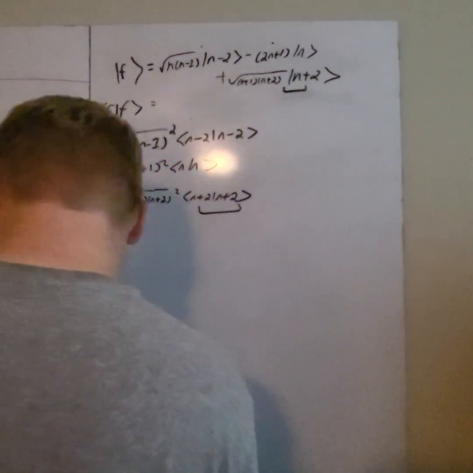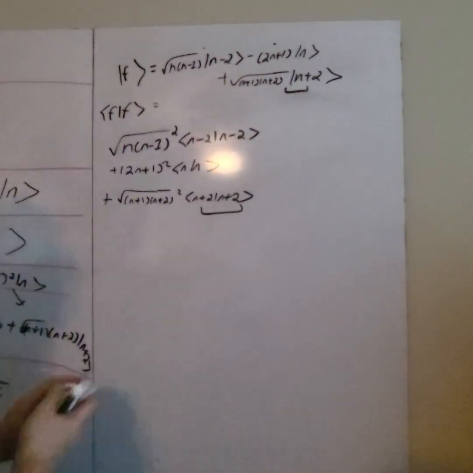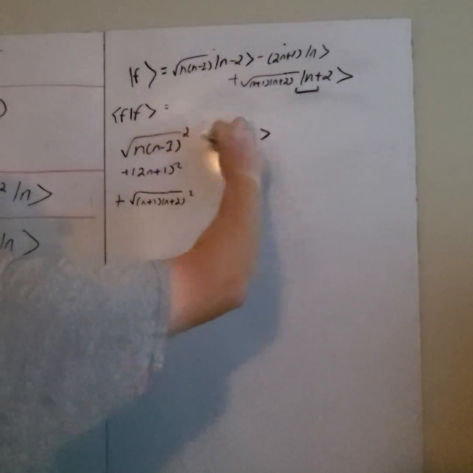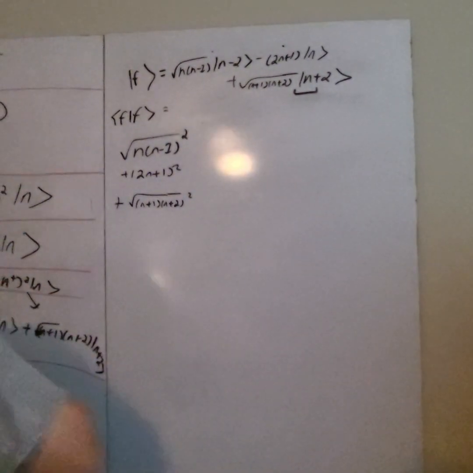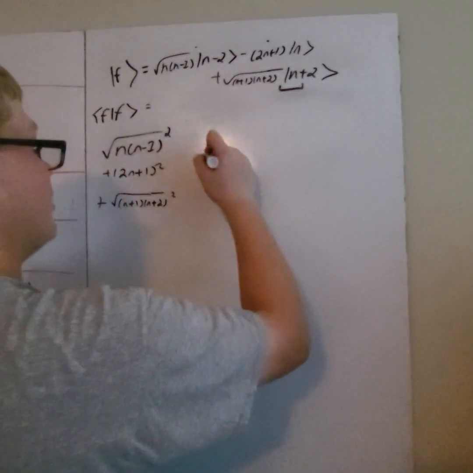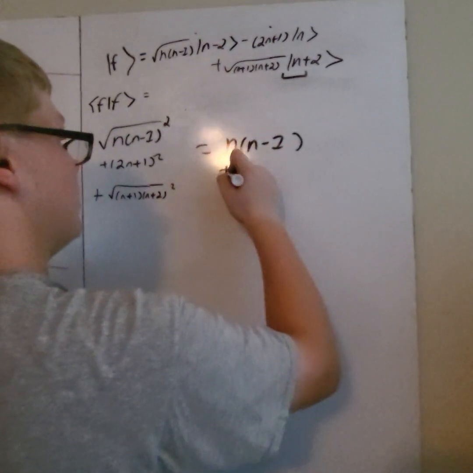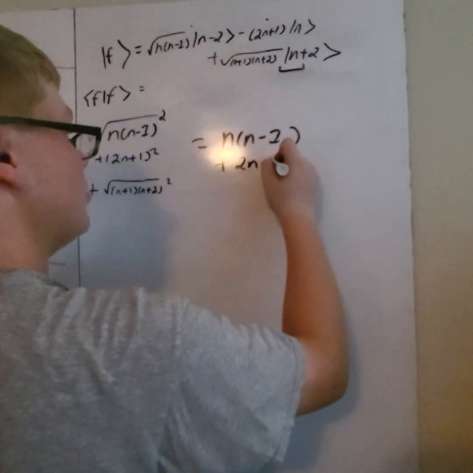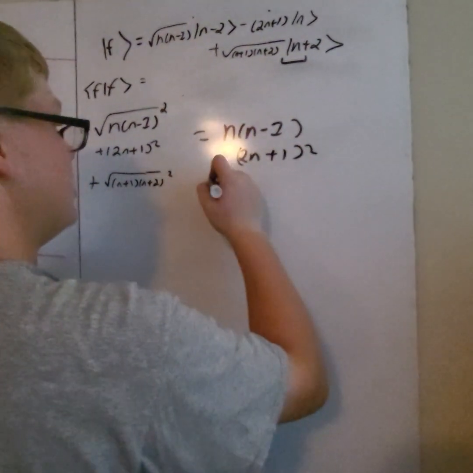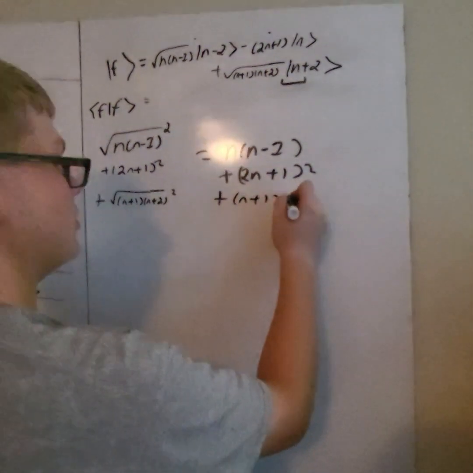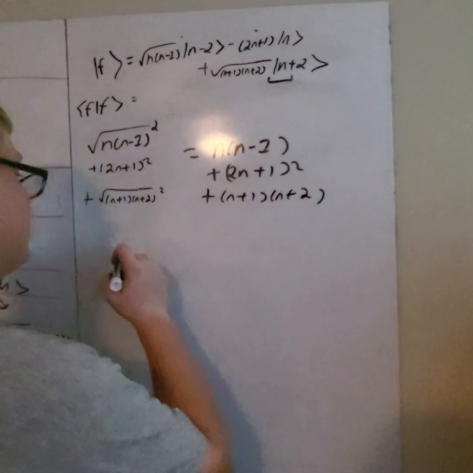Those are with themselves, so those states all just become 1, which means n(n minus 1) plus (2n plus 1) squared plus (n plus 1)(n plus 2). Now we're going to write this out.